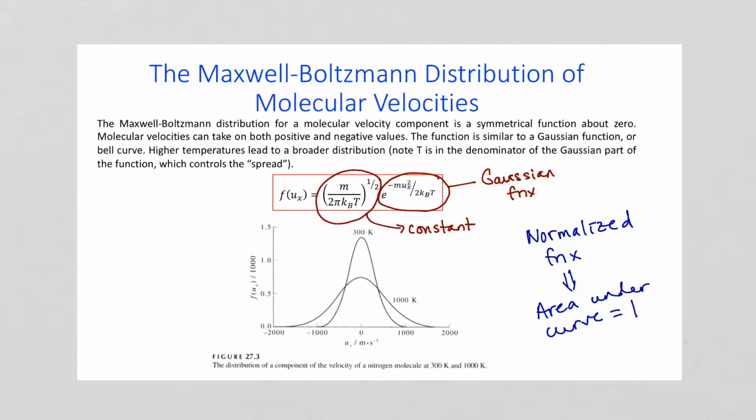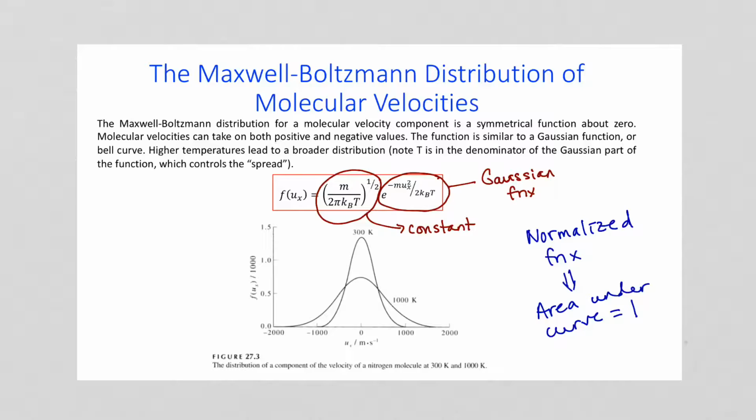When we say that a function is normalized, at least in our use of it in physical chemistry, that's just telling us that when we integrate that function over all of the space it can occupy, in this case integrating from negative infinity to infinity, essentially the bounds for our molecular velocities, we should get a probability of 1.